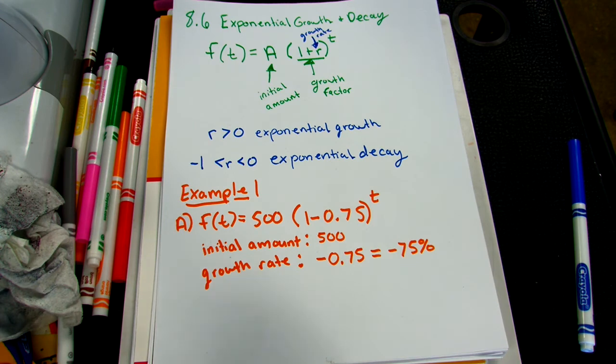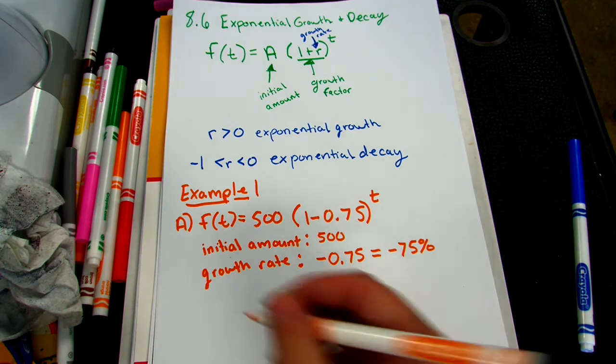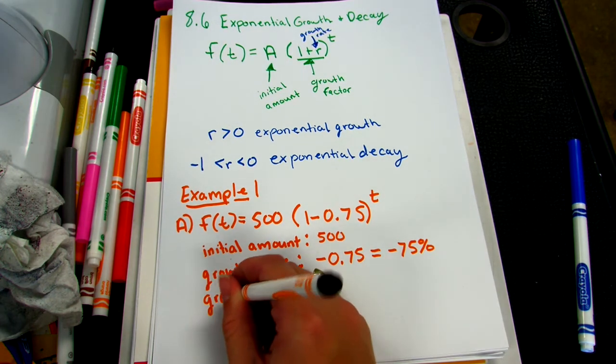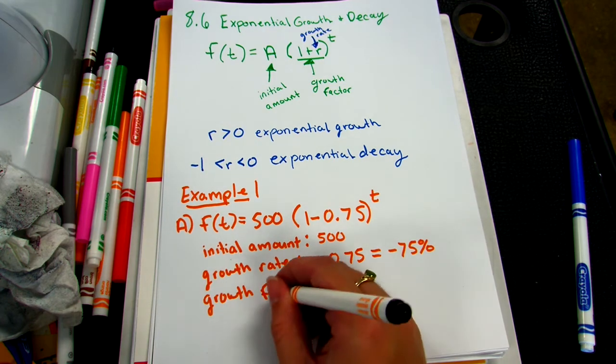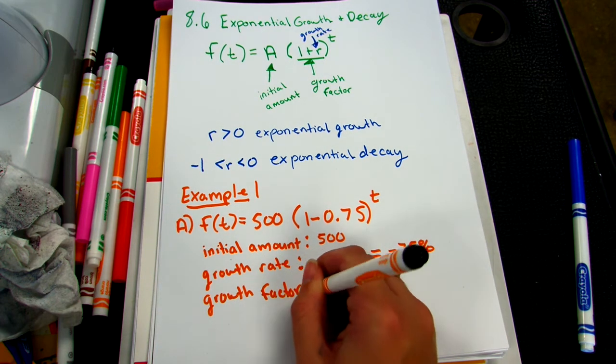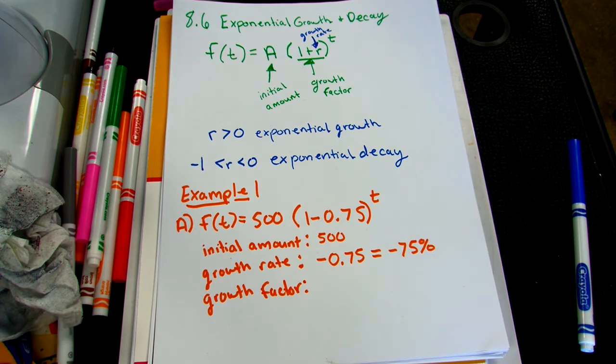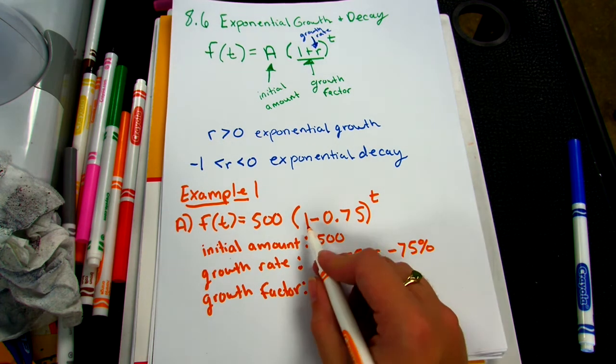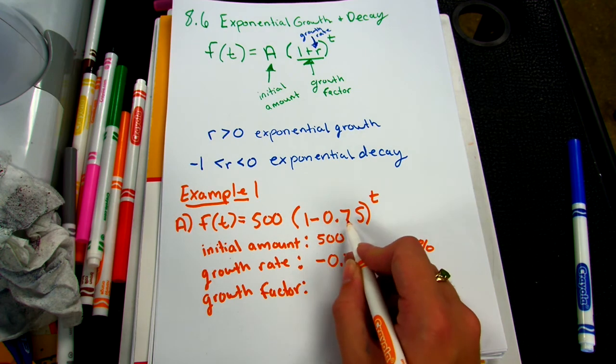Now remember, your growth factor is 1 plus R. So we actually have to do the math. What is 1 minus 0.75? Well, that would be 0.25.